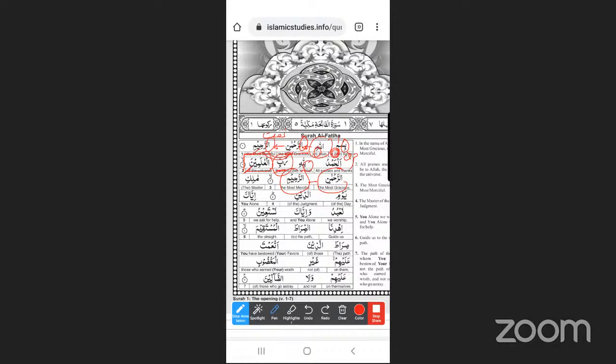And because they tell the quality of Rabb, they are not quality adjectives, right? And here we have to see that Rahman and Rahim, these two are the same, so they both are na'at of the word Rabb.